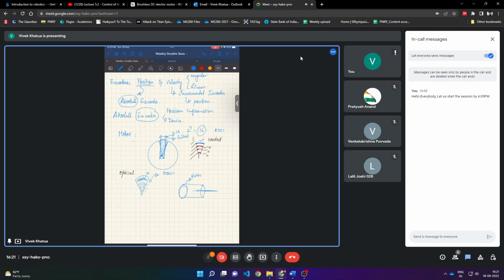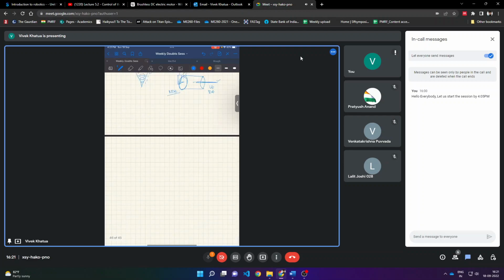This optical arrangement will be precisely calibrated and kept on the stator, and the disc will be moving with the rotor. So this will be the load end, the drive end, and the non-drive end. In the non-drive end, I'll have something like an absolute encoder. So this is the concept for the absolute encoder, and then I'll have incremental encoders.